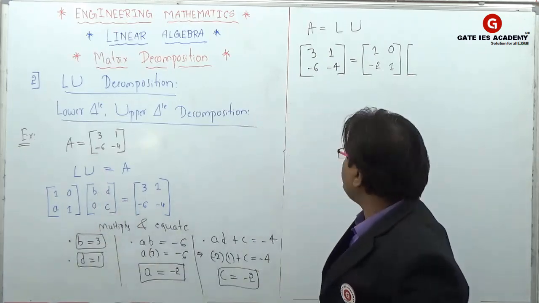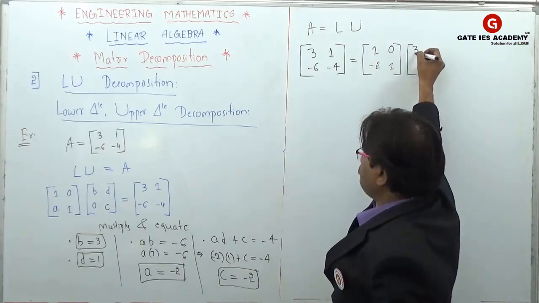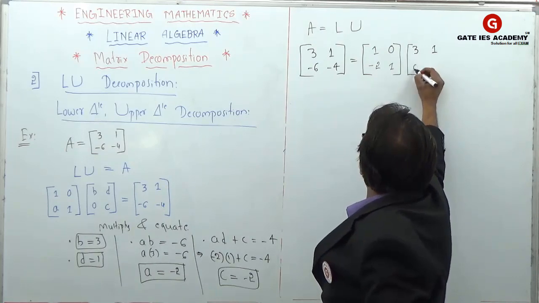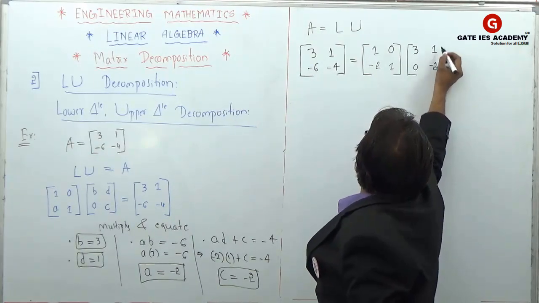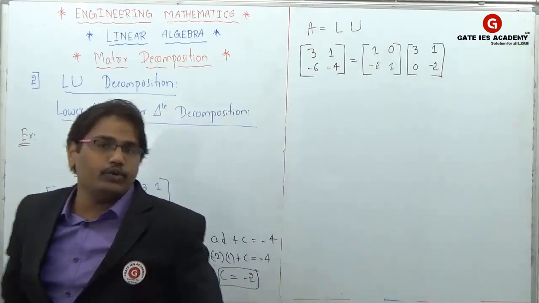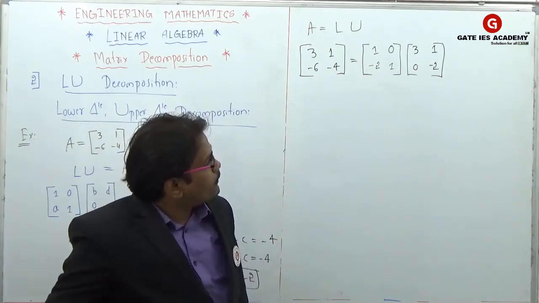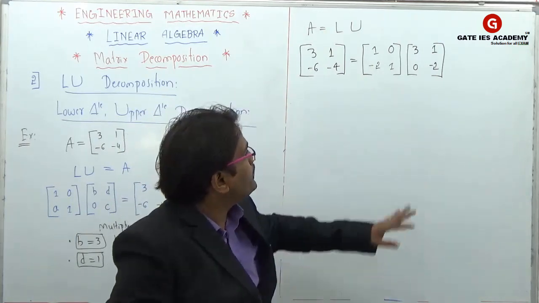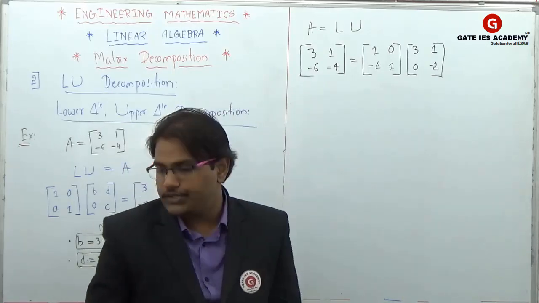B, D, 0, C. B is 3 and then D, then 0, and C is minus 2. So this is how to write the LU decomposition. 1, 0, minus 2, 1 and 3, 1, 0 and minus 2, right? So if you multiply these two, you will be getting this value. Check it.